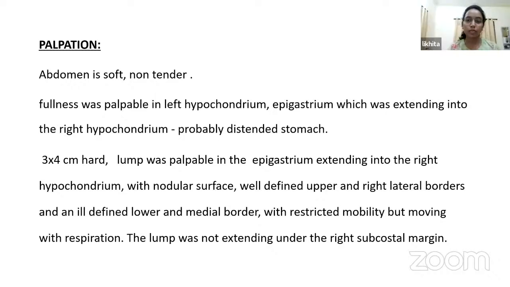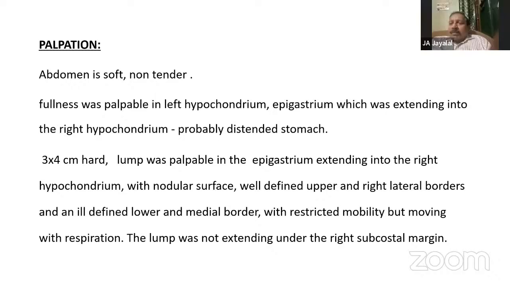Sir, because it is an intraperitoneal lesion, it is moving with respiration. Why is it moving with respiration? Because the increase in intrathoracic pressure causes shifting of intra-abdominal organs downwards, sir.